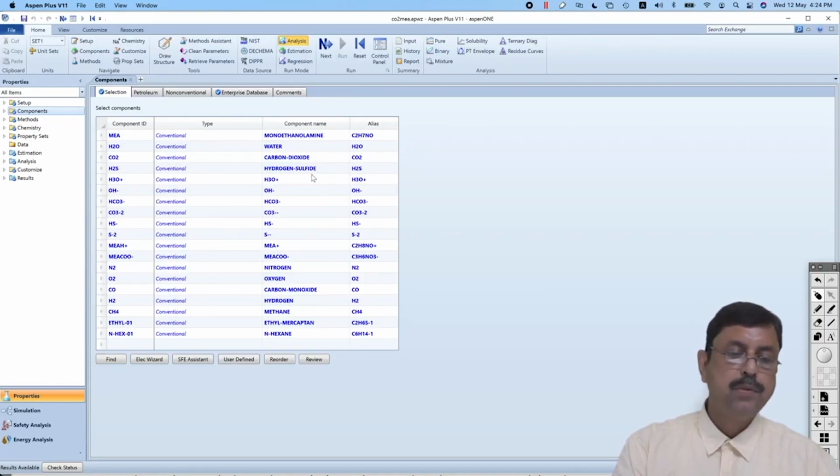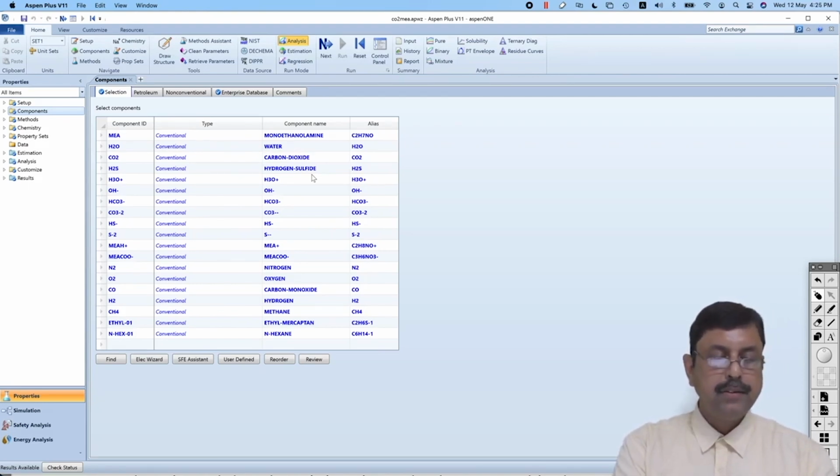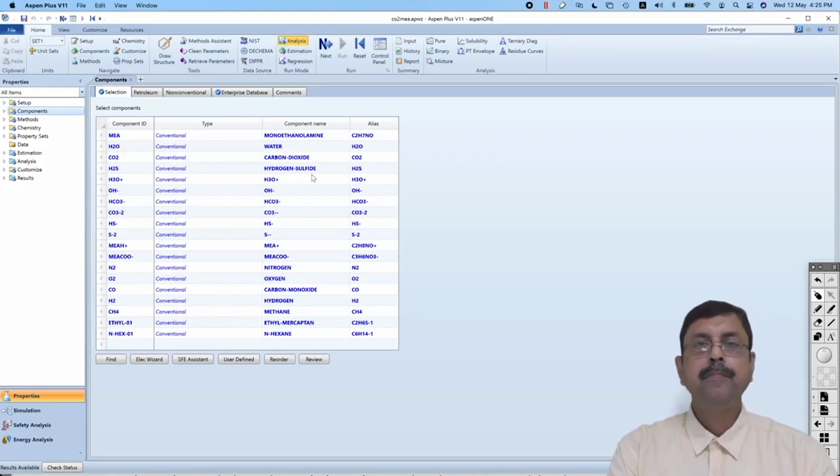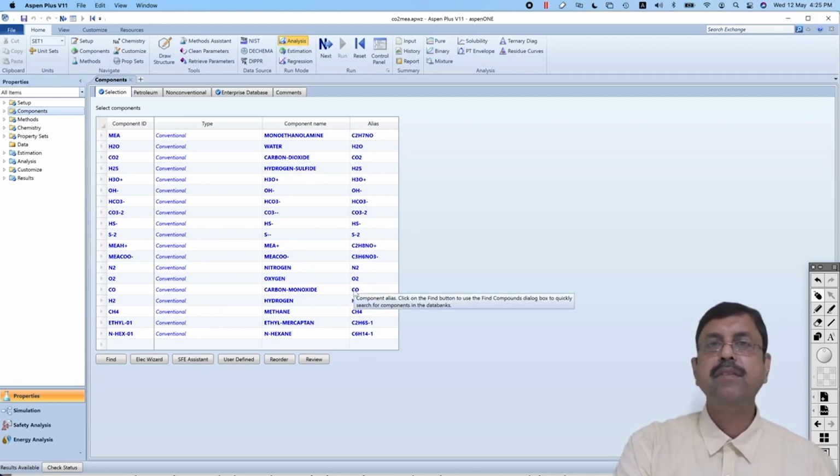You do not have to add the components again and rerun the property method. So these things I have already added in. If you use it, it's okay. If you do not use it, doesn't matter. It will just stay over here. So this is the comprehensive list of components that you can use for CO2 sequestration.